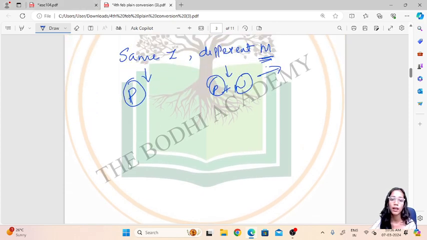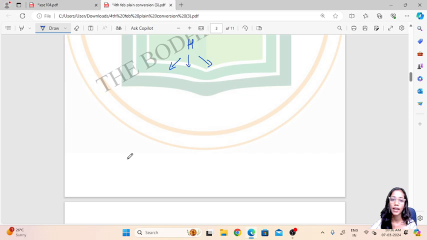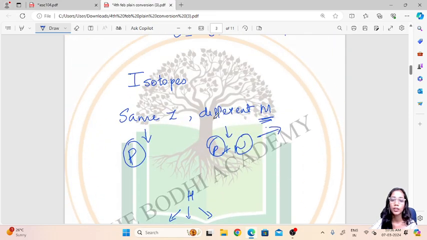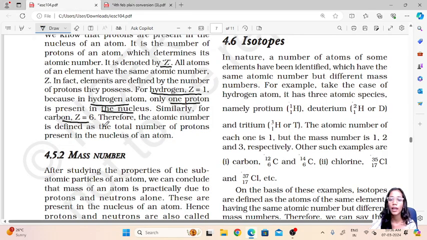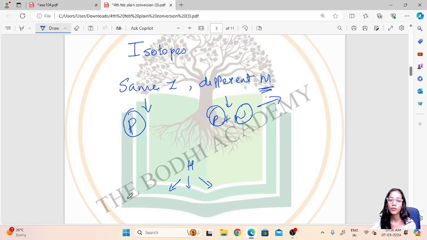For example, the element hydrogen has 3 types of atoms which have the same atomic number but different mass numbers, and such atoms are called isotopes. Hydrogen has 3 atomic species: protium, deuterium and tritium.